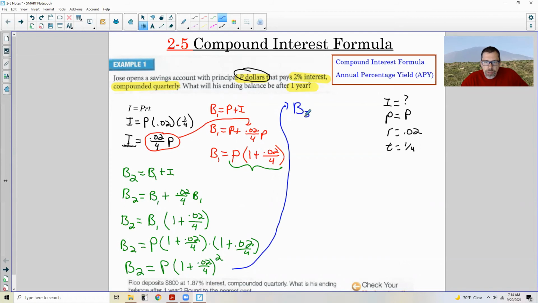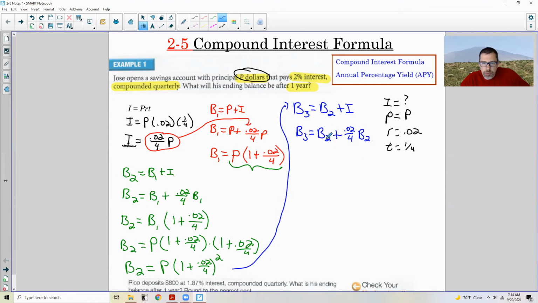So B sub 3 is going to equal B sub 2 plus interest. Okay. And what is the interest? Well, since we have B sub 1 plus 0.02 over 4 B sub 1 for B sub 2, B sub 3 is going to be B sub 2 plus 0.02 over 4 B sub 2.